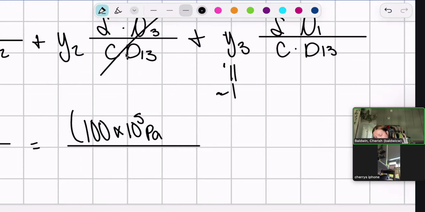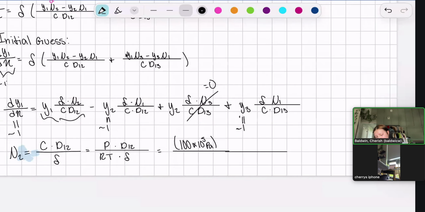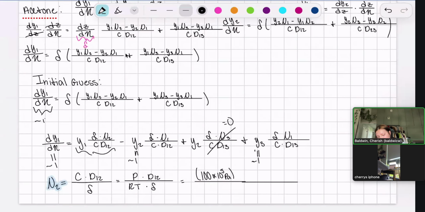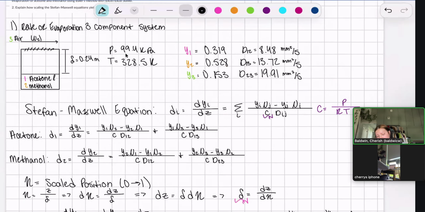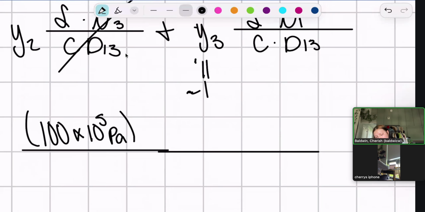And then now we know that the diffusion coefficient from 1 to 2 is 8.48, and we're gonna just round that up to 10. We're gonna multiply that by 10 to the power of -5, and this is actually the power of 3 to get meters squared per second.